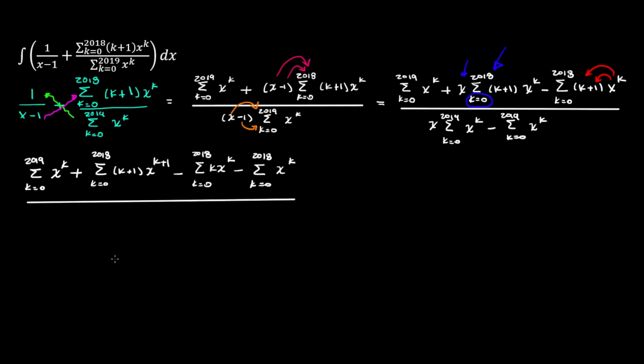And the denominator would be the same. We can do the same at the denominator, so this x can be inside the summation, so there will be summation from k equals 0 to 2019 of x to the k plus 1. And here we have summation from k equals 0 to 2019 of x to the k. Okay, cool.